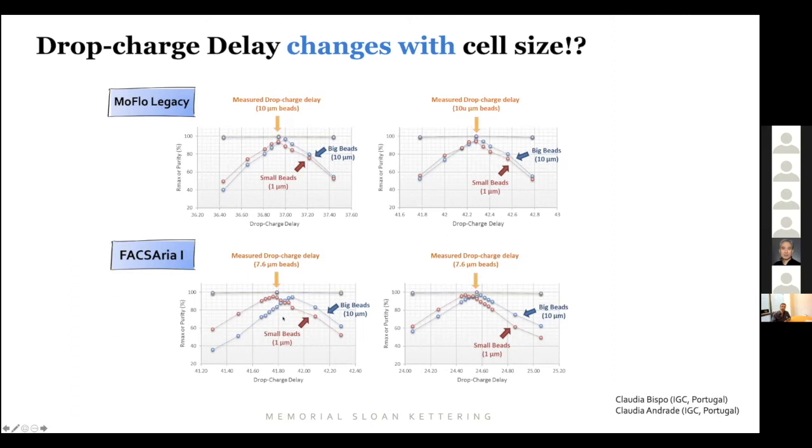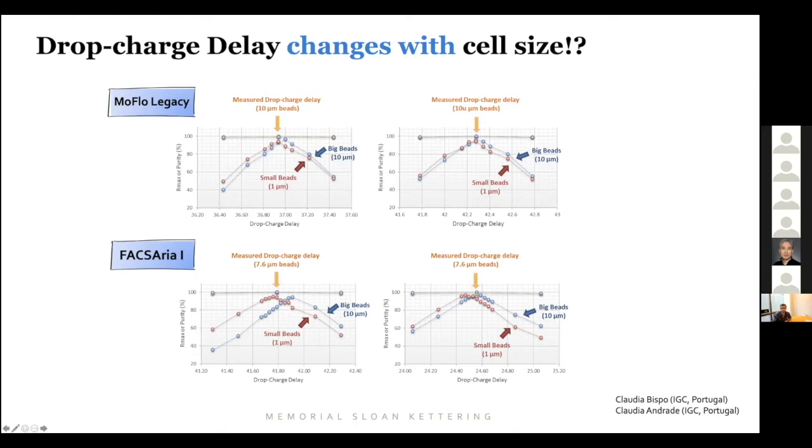The other thing I would like to point out is purity. Remember, I mentioned purity is not a good measurement of sorter performance. Look how, and hopefully you see the numbers well, here it goes from 36 to 37, so a whole drop, as well as here from 41 to 42. So you can change the drop charge delay by one whole drop, and purity is still impressive.